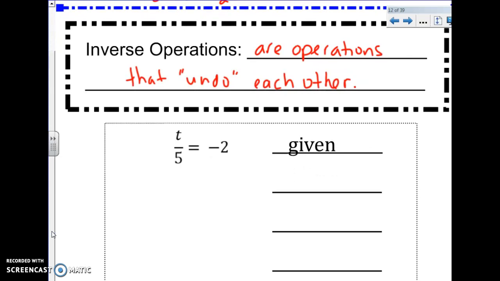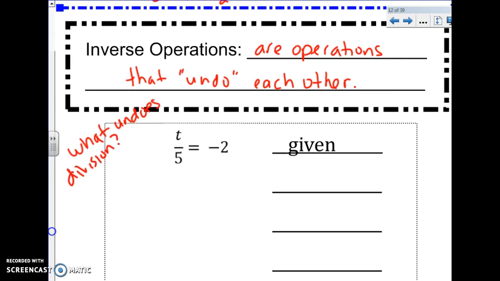All right, your first example, you read this as a number divided by 5 equals -2, again, because the fraction means division. So you want to think to yourself, what is happening to the variable? It's being divided. So what is going to undo the division?